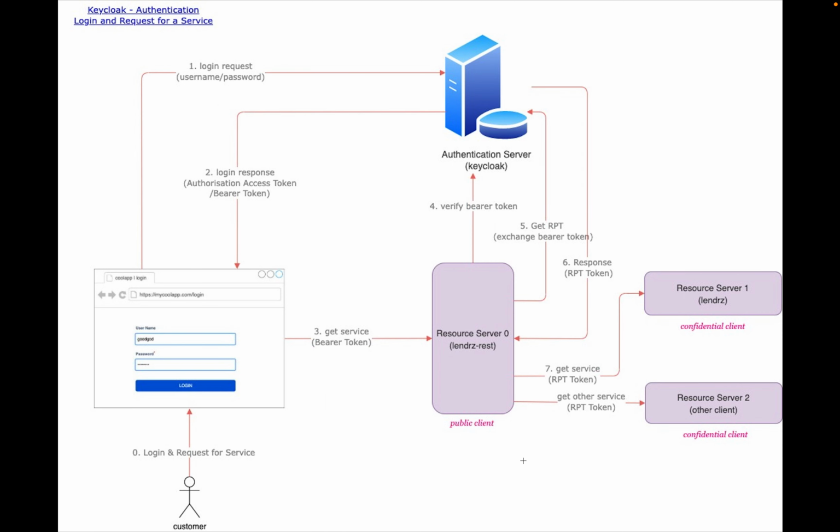In my setup, I have this public client that is accessible by a web browser, by a mobile application. I'll use the words client and resource server interchangeably because they mean one and the same thing.